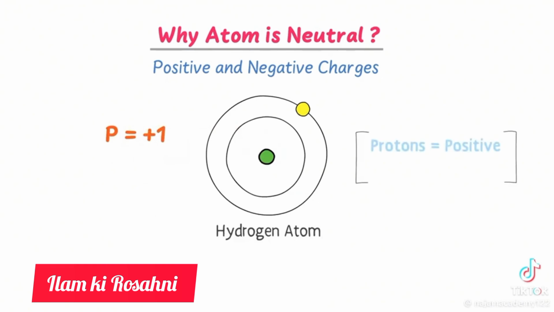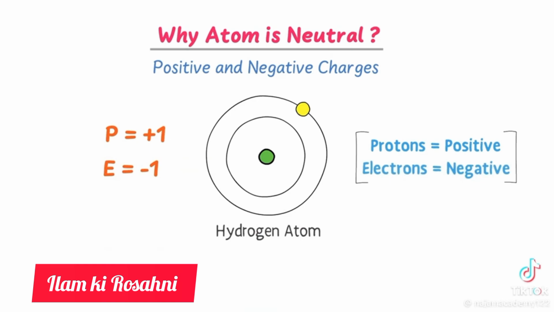Remember that protons are positively charged particles. Now if you count the number of electrons in it, you will get only one electron in a hydrogen atom. So I write electron is equal to negative 1. Remember that electrons are negatively charged particles.